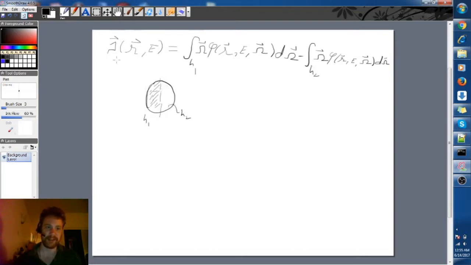Then that gives us more of a formal definition of neutron current coming from neutron flux.